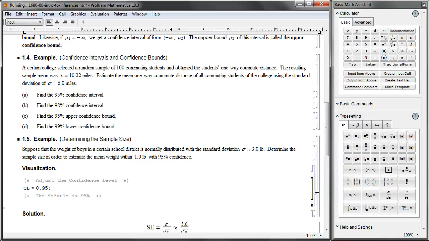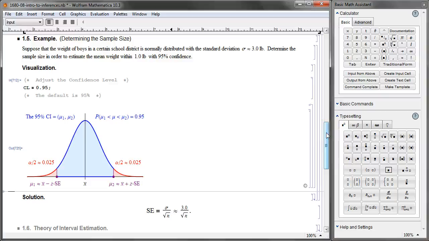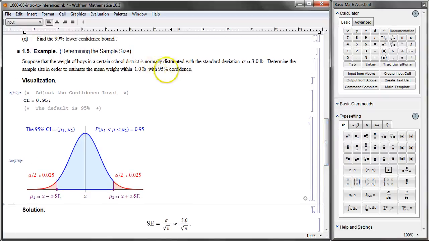Let's begin with a visualization. And here we go. We want 95% confidence, so 95% here, 2.5% on the left-hand side, 2.5% on the right-hand side. Here we have 95%.